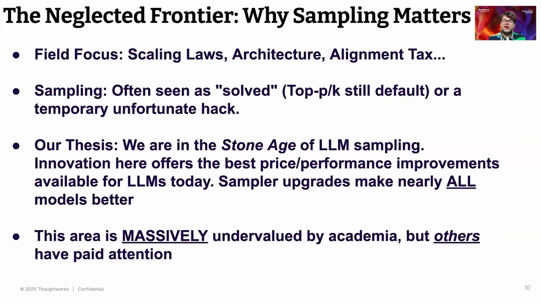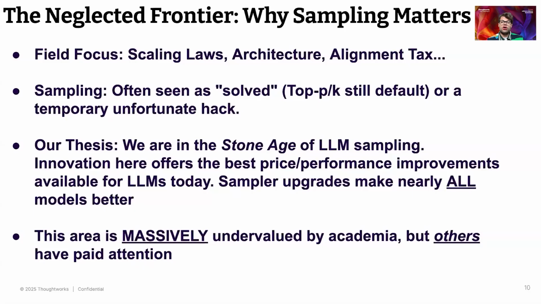There was a different crowd that was sort of looking into that world. Academia and industry spend billions scaling model size and compute, right? But the final step was treated as an afterthought, right?